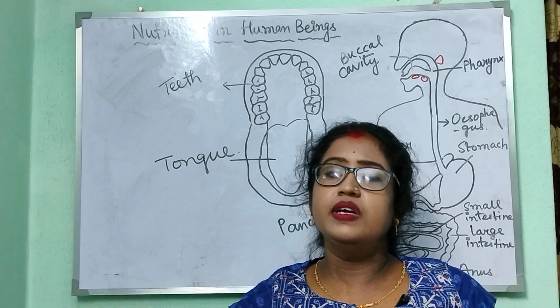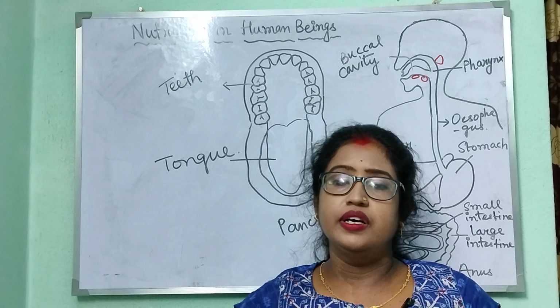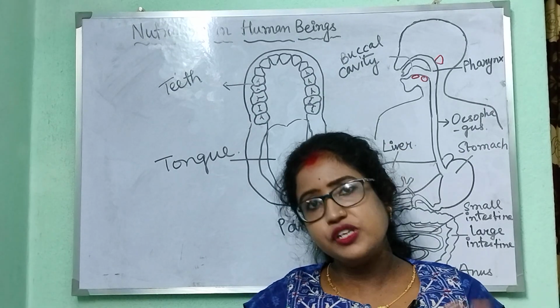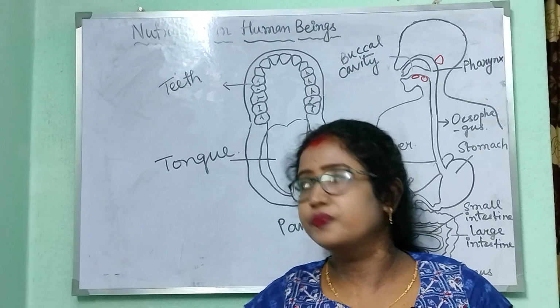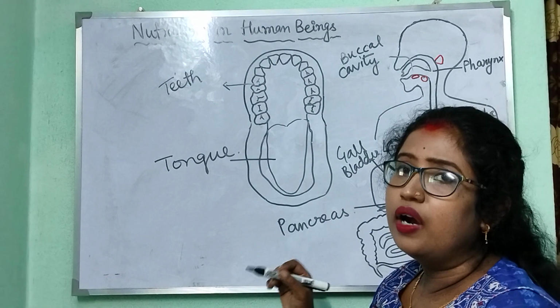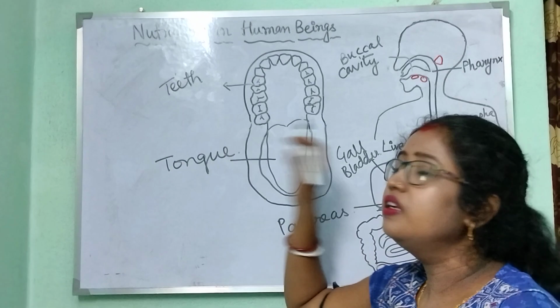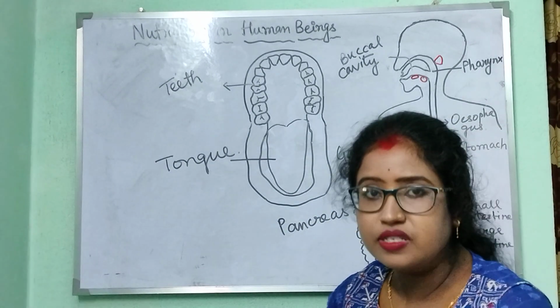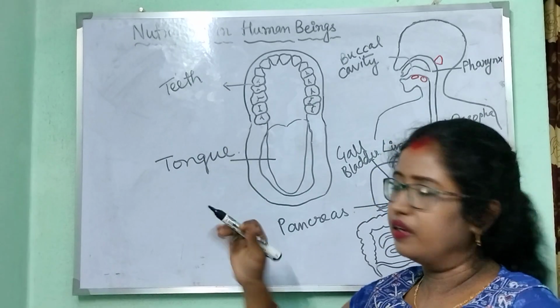The buccal cavity is a large cavity-like structure that is surrounded by a special structure known as the palate. It has, as I told you earlier, three parts: teeth, tongue and salivary glands.